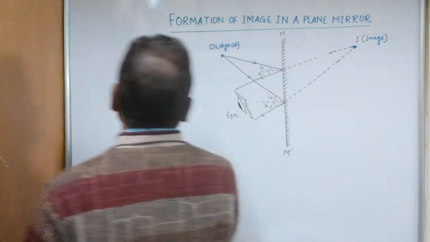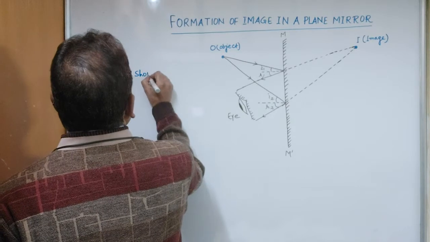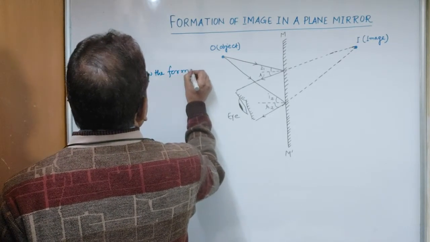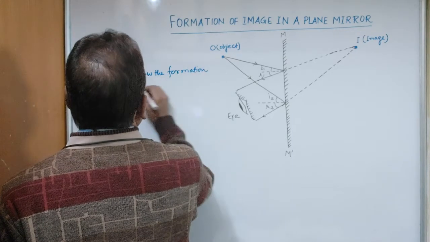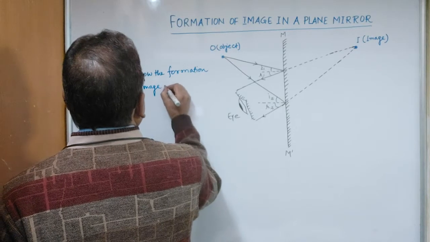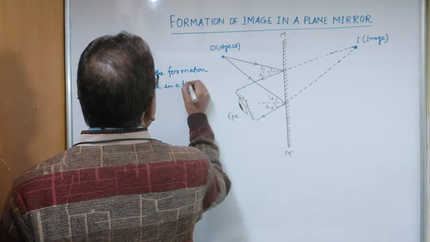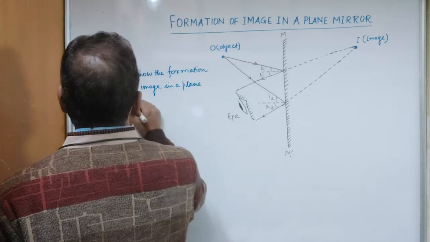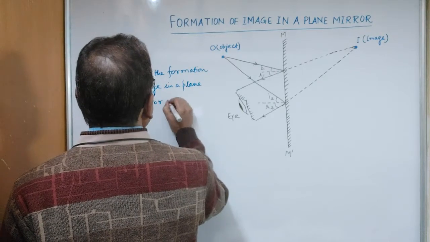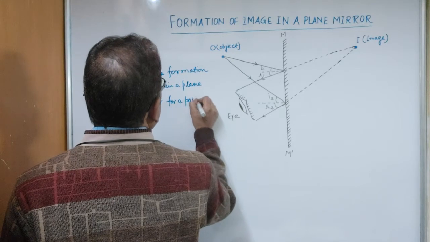You can get a question related with this diagram, that show the formation of image in a plane mirror for a point object.